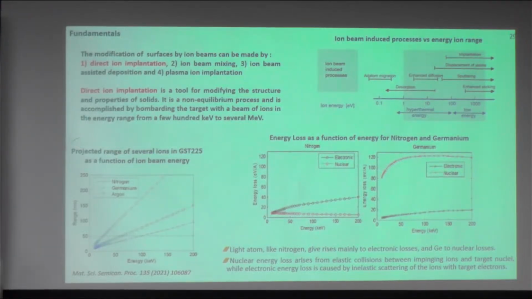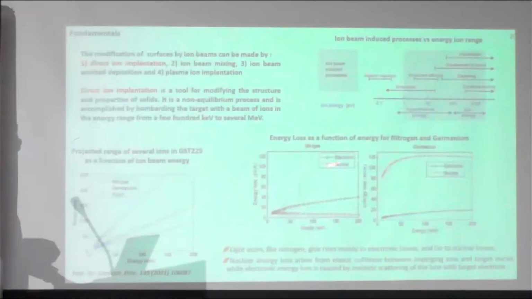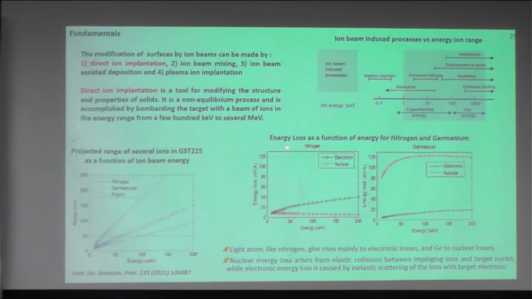If you make ion implantation, there are also losses of energy induced by the ions. Here we see the energy loss in dependence on the energy, for different species like nitrogen and germanium.